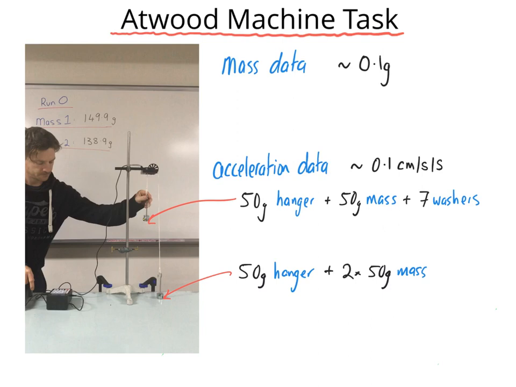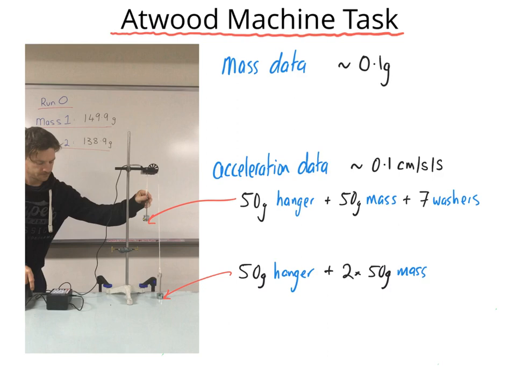Also here, we'll see, why did I make the decision to have this extra mass? Well, the net force is coming from the difference of mass, which is obtained by moving the washers. The acceleration of the masses will be directly proportional to the net force and inversely proportional to the mass.